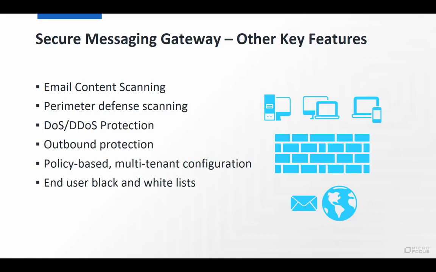Or if someone replies to a marketing email and they're replying to user at marketing.microfocus.com, and you say, well, we don't want that one to actually be used, so let's translate that into just microfocus.com, so the users don't have that back and forth.